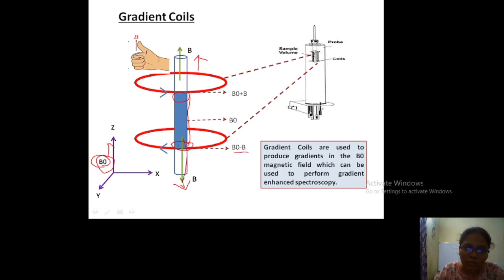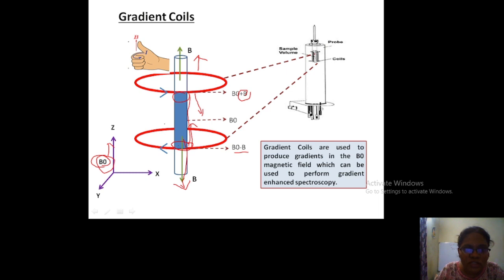Now as you move down from this region, the effect of this positive magnetic field decreases, and at some point this B becomes 0. As you move upward from this coil, the effect of this negative field decreases, and at some point it becomes 0.